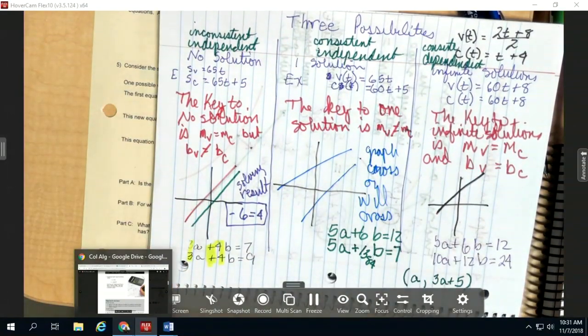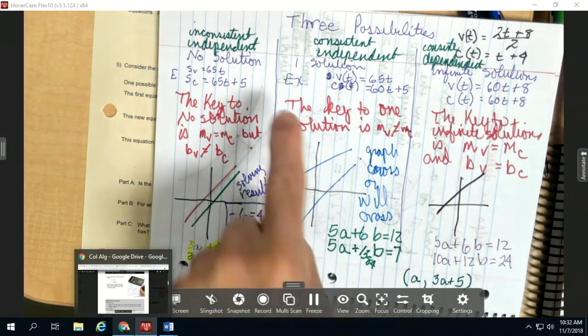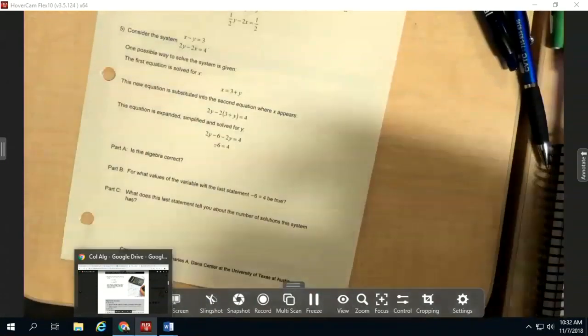So you'll be working along, you'll be solving your stuff, and all of a sudden you get negative 6 equals 4. That's the problem that you run into with that kind of system. Would you agree negative 6 never equals 4? Would you agree there is no solution? Okay, so that's what they're trying to show you, how you end up with that as one of your possibilities.